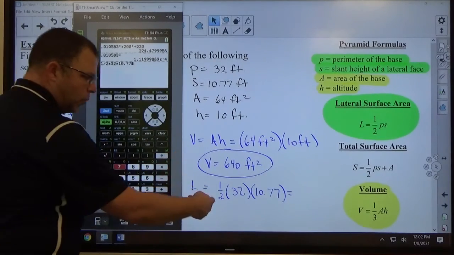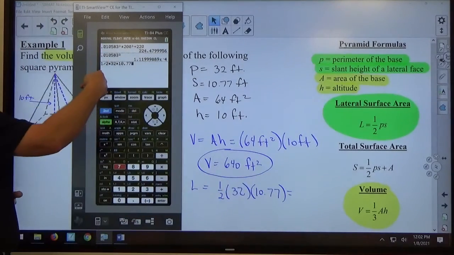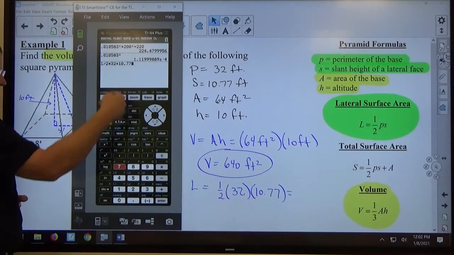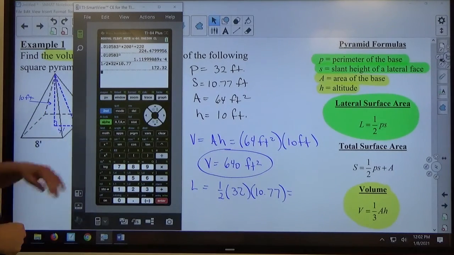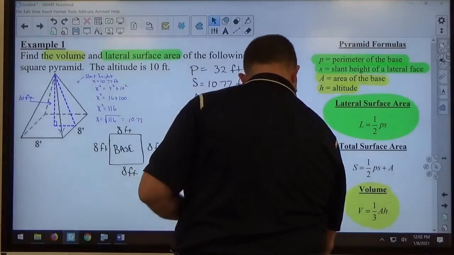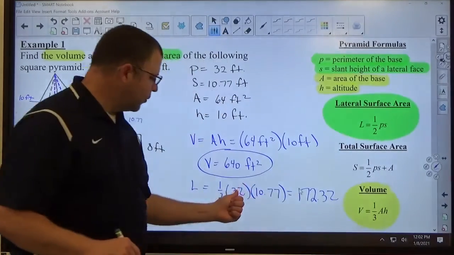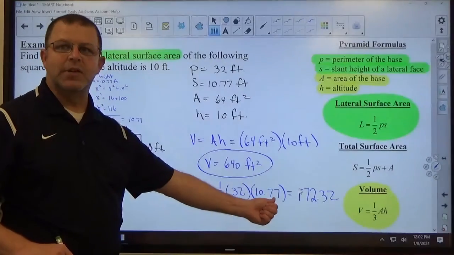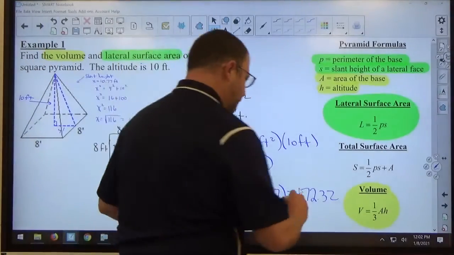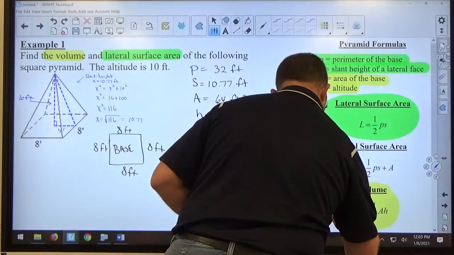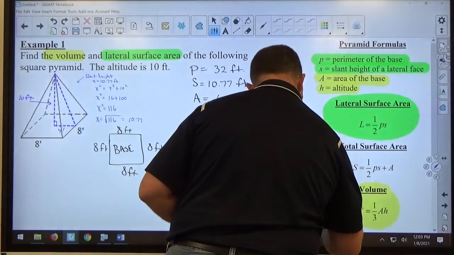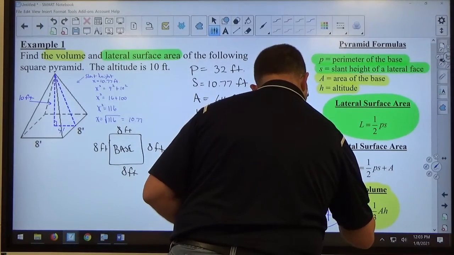It's just a multiplication, one times the other times the other. So first number half times second number 32 times third number 10.77, 172.32. This is 32 feet and 10.77 feet. Feet times feet create a unit of feet squared, the correct unit for a surface area. So the lateral surface area is 172.32.